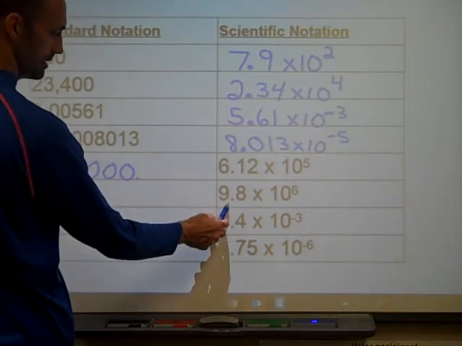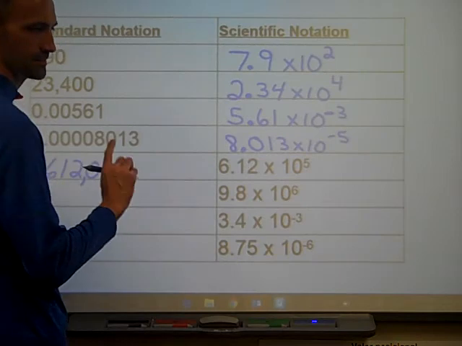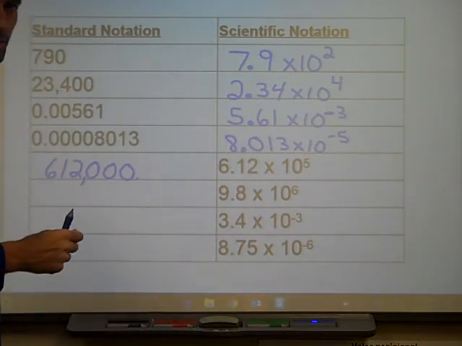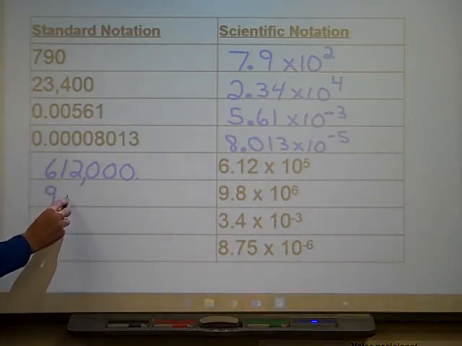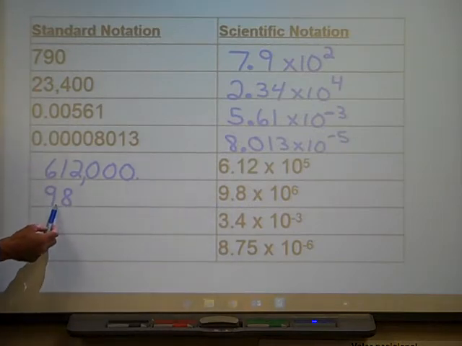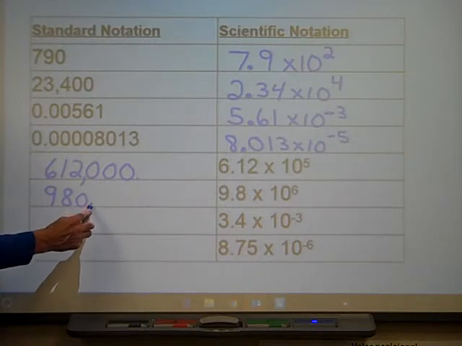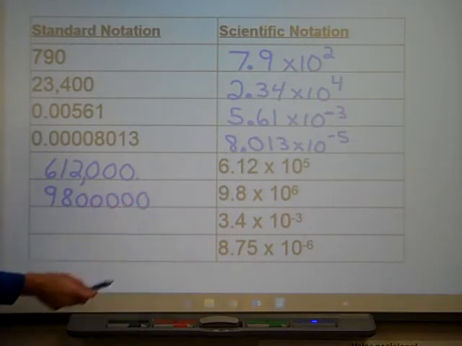This one, we notice times 10 to the 6th. Positive 6, so that tells me the decimal is going to go to the right 6 places. So I start with my 9 and 8, okay? And I go back. I know that the decimal started here. So here's 1 place, 2, 3, 4, 5, 6.